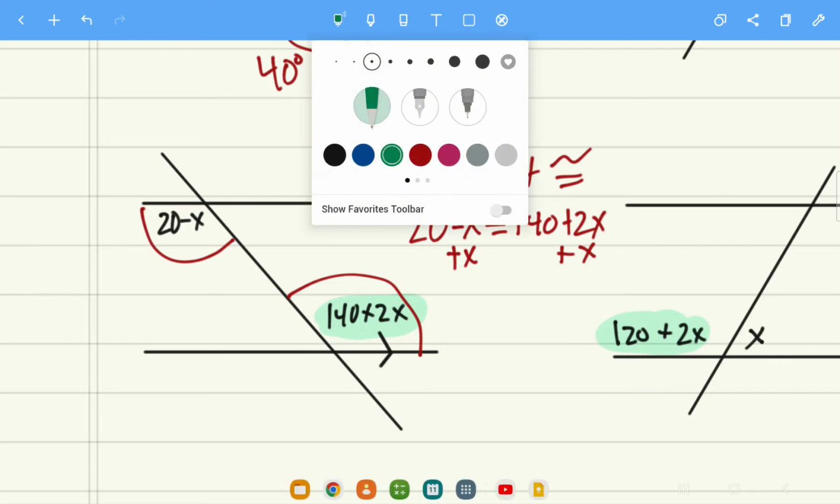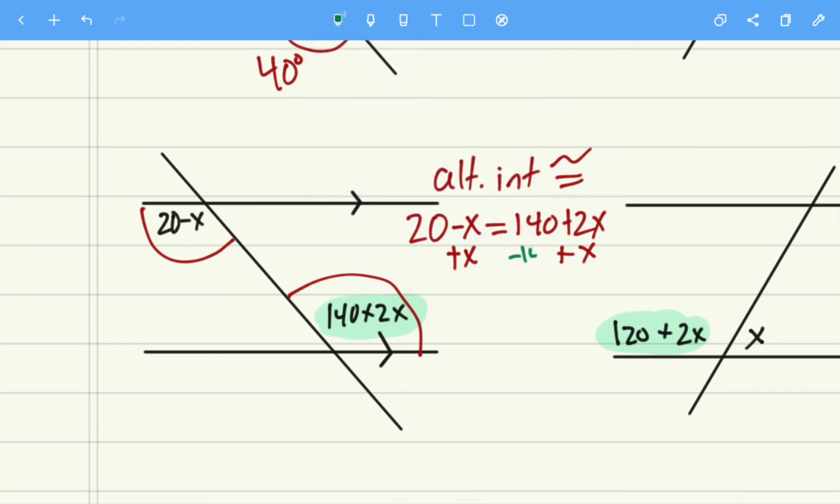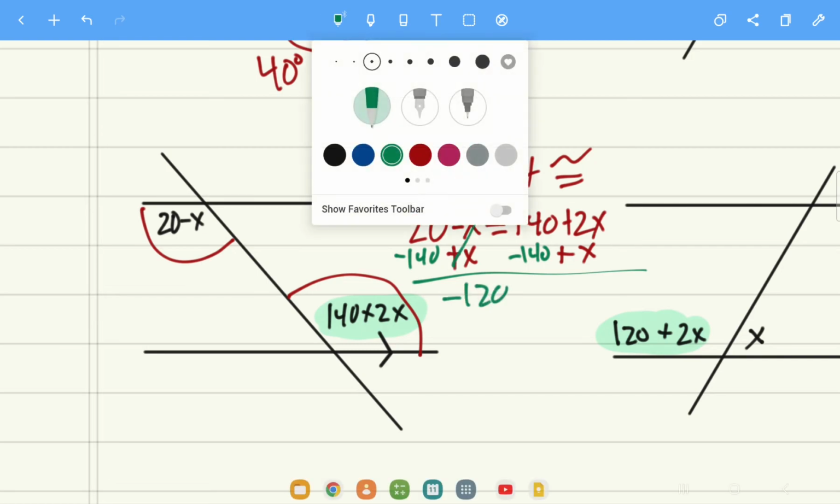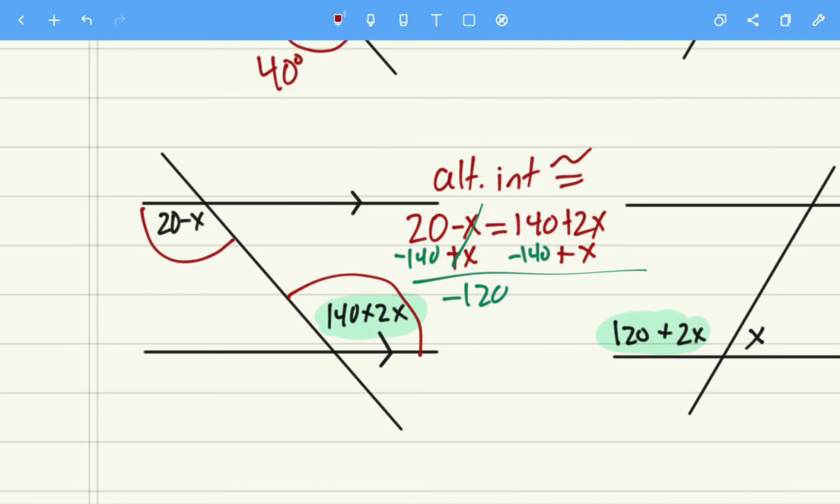And at the same time, let's subtract 140 from both sides. So on this side, we have negative 120. The x's cancel out. On the right-hand side, 140 cancels out, and we got 3x. Let's divide both sides by 3. We got negative 40 equals x.